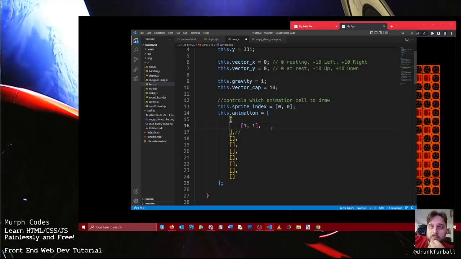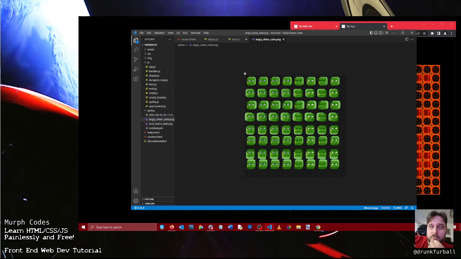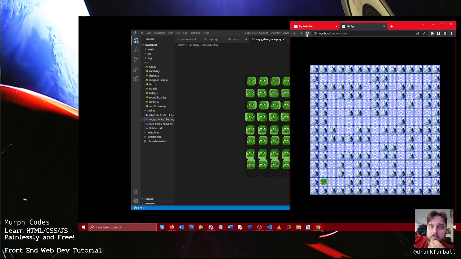Don't know yet. We can just leave it at 1-1 if we wanted to. But what is the other direction for our 1-1? 1, 2.